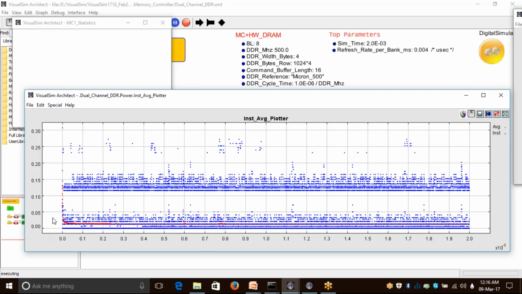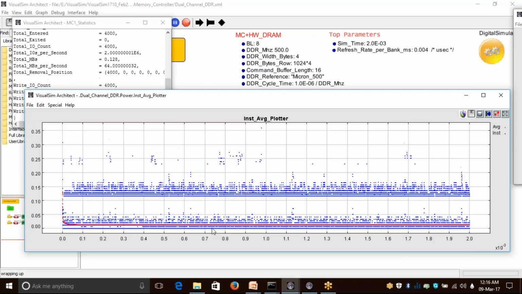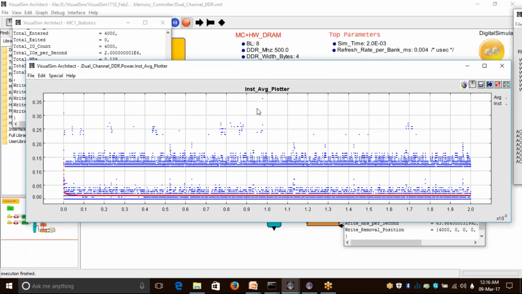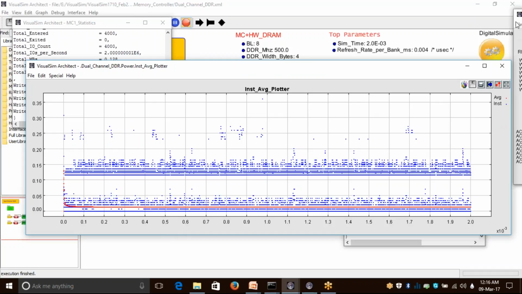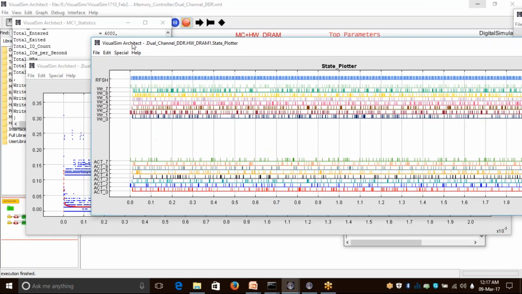So this tells you that average power consumption is very low, while the instantaneous power consumption can see a lot of peaks. And these peaks could be very interesting or really required to make your decisions on the heat sink, or the kind of cooling costs that you may have to consider. And those kinds of decisions can be conducted.